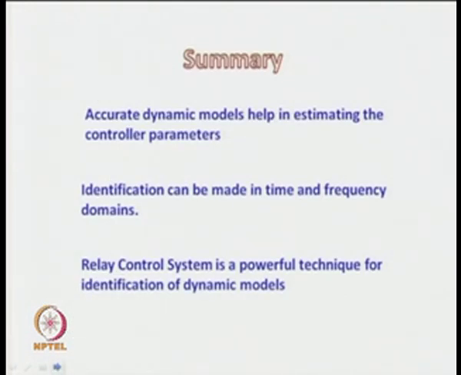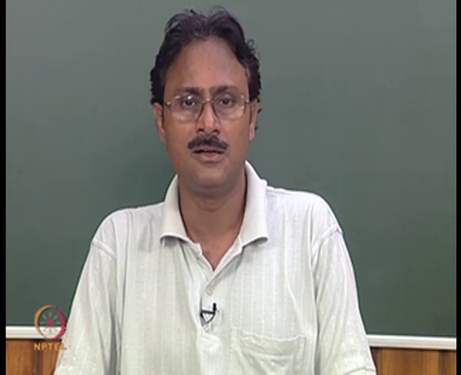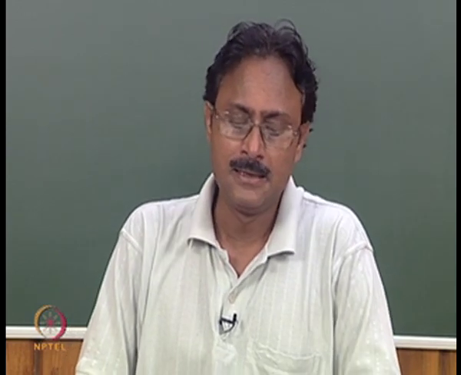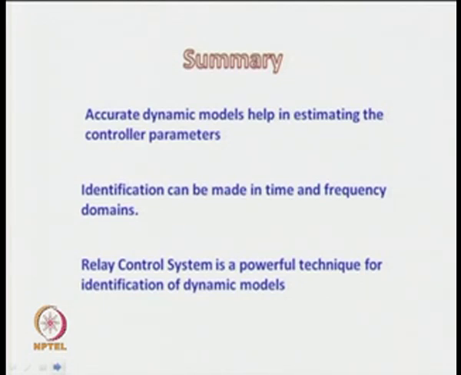So, in summary, accurate dynamic models help in estimating the controller parameters. Therefore, efforts should be made to estimate the parameters of transfer function models or time domain models as accurately as possible. Now, identification can be done in time and frequency domain, whereas the frequency domain based identification techniques are found to be more convenient and useful.